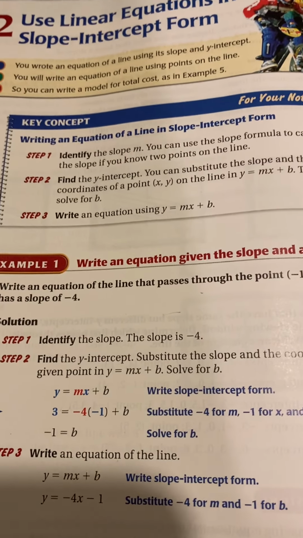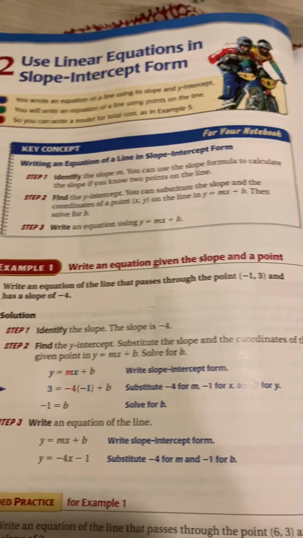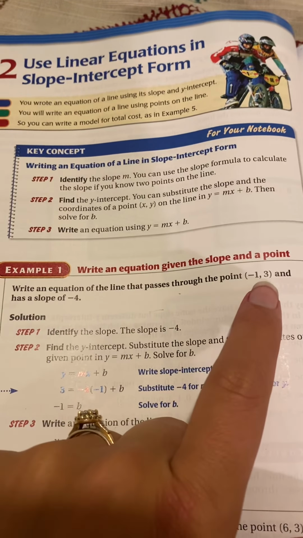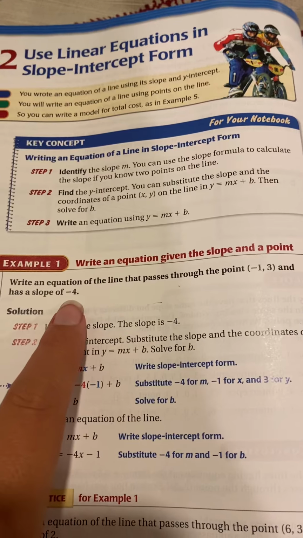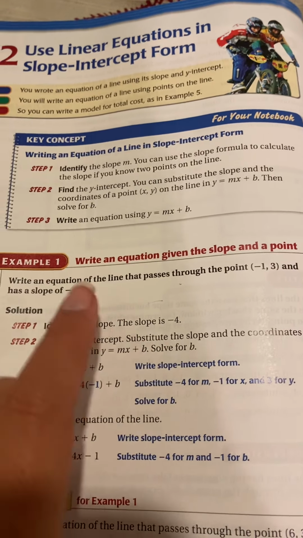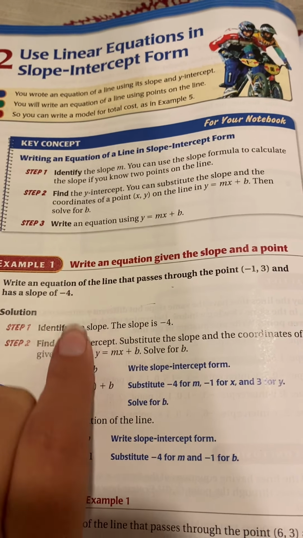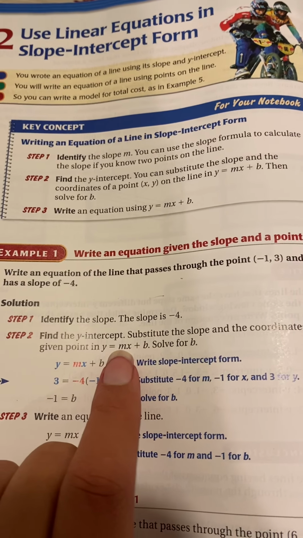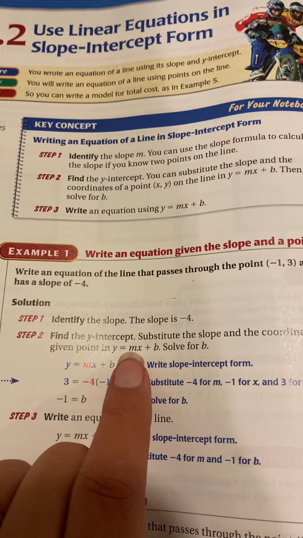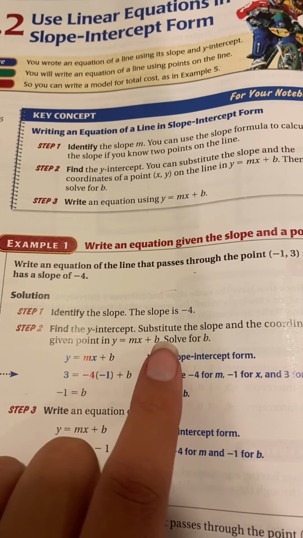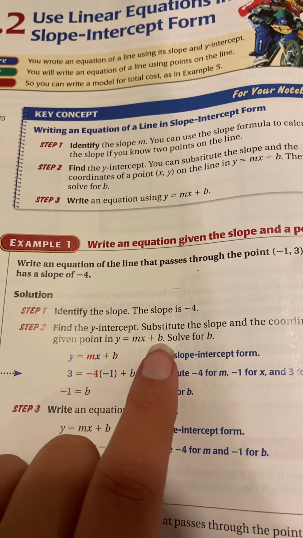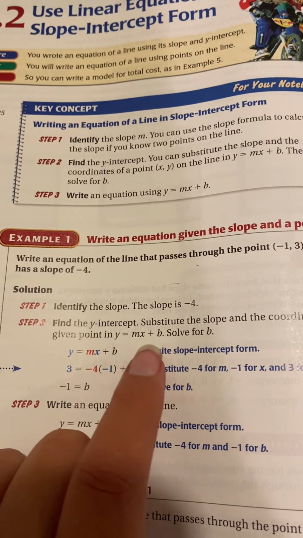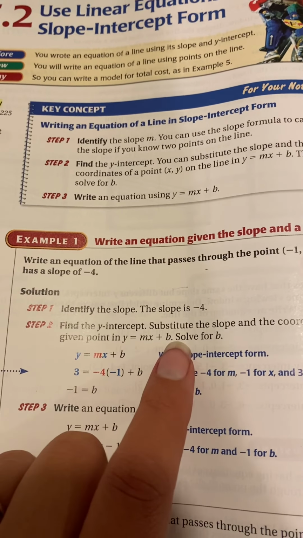5.2, this is going to be write an equation of the line that passes through the point (-1, 3) and has a slope of -4. They've given us the slope, which is one part of this equation. The slope goes right there for m. Hopefully you're very aware of this equation now: y equals mx plus b. You should be doing that in your sleep. m is your slope, b is your y-intercept.